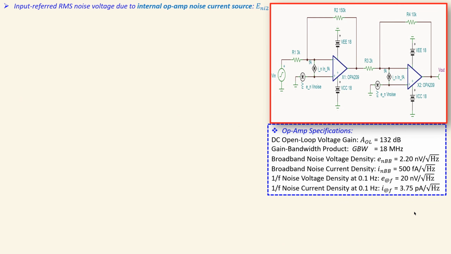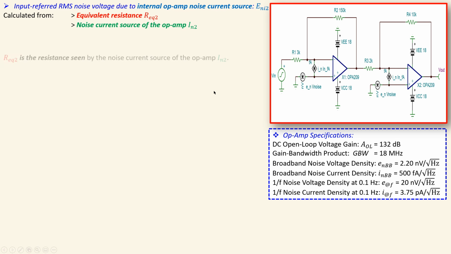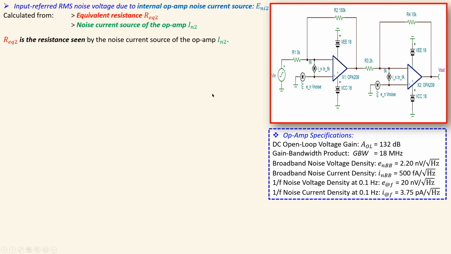Okay, now let's move again to the internal op-amp noise current source, and that will of course also produce the noise voltage at the input. Now for the specific case of the second stage, that will be calculated using the equivalent resistance seen by the source for the second stage, and also the noise current source of that op-amp. So we have the equivalent resistance seen by the noise current source of the op-amp.